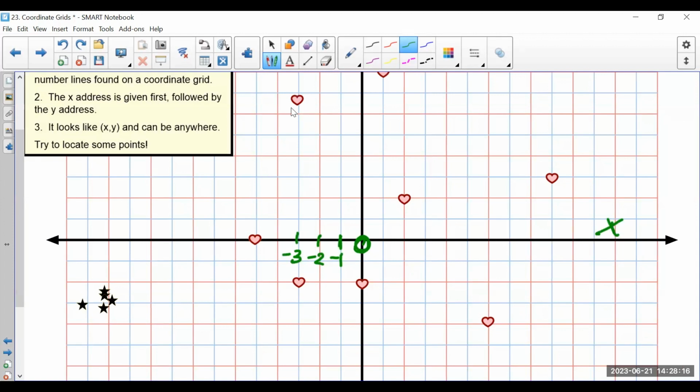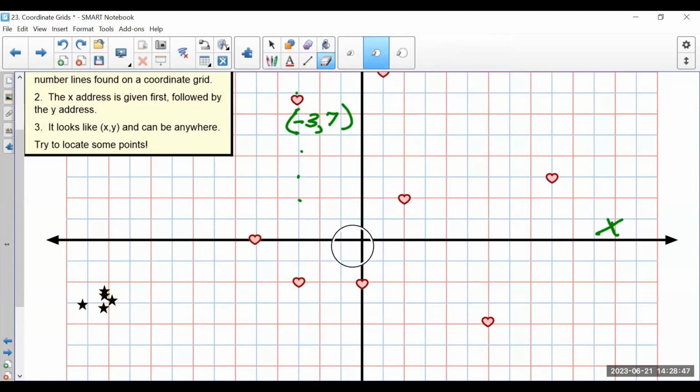So the first number for this heart would be -3, comma. So you go backwards 1, 2, 3. But now you're going to go up again, and up is positive. So up 1, 2, 3, 4, 5, 6, 7. My heart's off a little bit, but it's up 7, so it'd be -3, 7. Leave that up there for a little bit for reference.